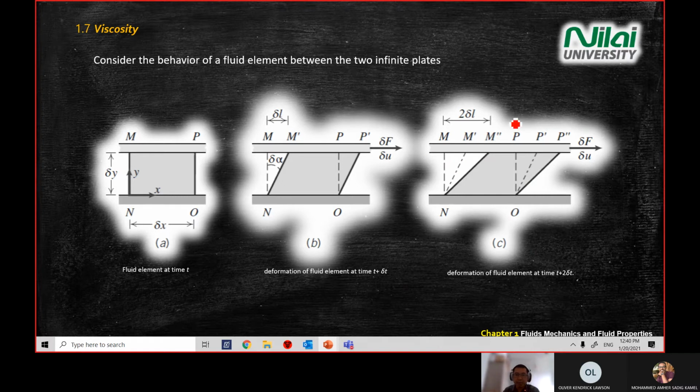This is a property of a fluid, and it does not happen in a solid. A solid body will break already, but a fluid will continue to deform under shear stress. This definition is in the slides also, and it is in your tutorial question number 2. This is the definition of a fluid, which is important when you study fluids.